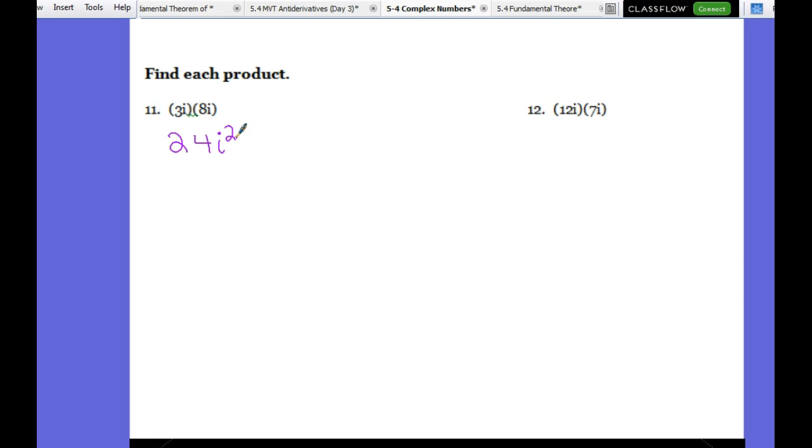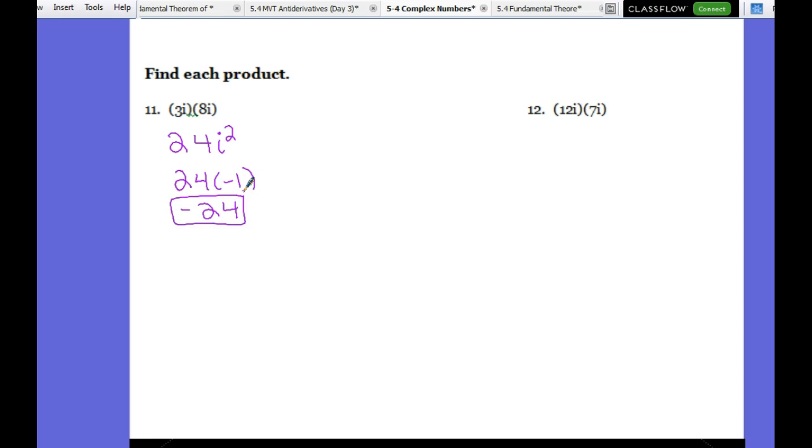So you replace the i squared with negative 1, and it's really like negative 24. Is negative 24 a real or a non-real? Is there an i on it? So it's a real number. The i disappears, it becomes real.